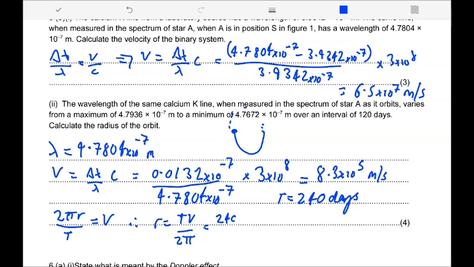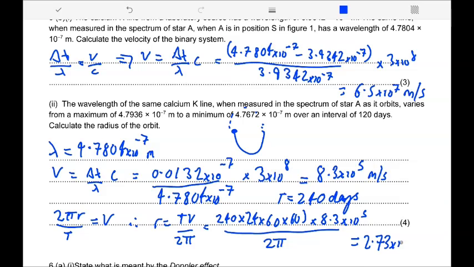So we get 240 multiplied by 24 by 60 and by 60. That's converting days into seconds. And then times by our speed, which we've already worked out, 8.3 times 10 to the 5 meters per second, and then divide by 2 pi. And we get approximately 2.73 times 10 to the 12 meters. That's approximately the radius of the orbit of these stars in a binary system.